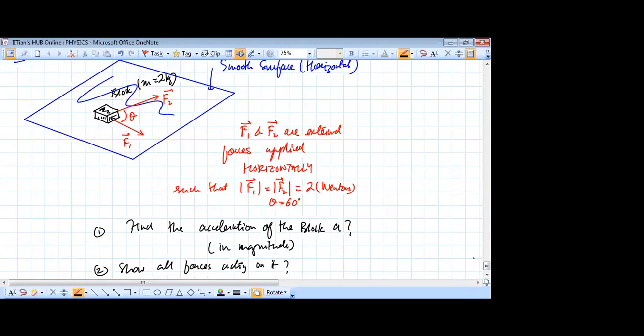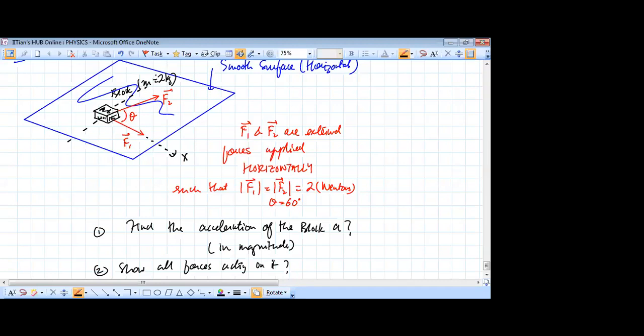The forces are at 60 degrees. So you can use parallelogram law, or triangle law. Because this is now three-dimensional in a sense, what you can do is take the direction of this force, suppose you're taking this as your x-axis, and you take the perpendicular direction over here as your y-axis.